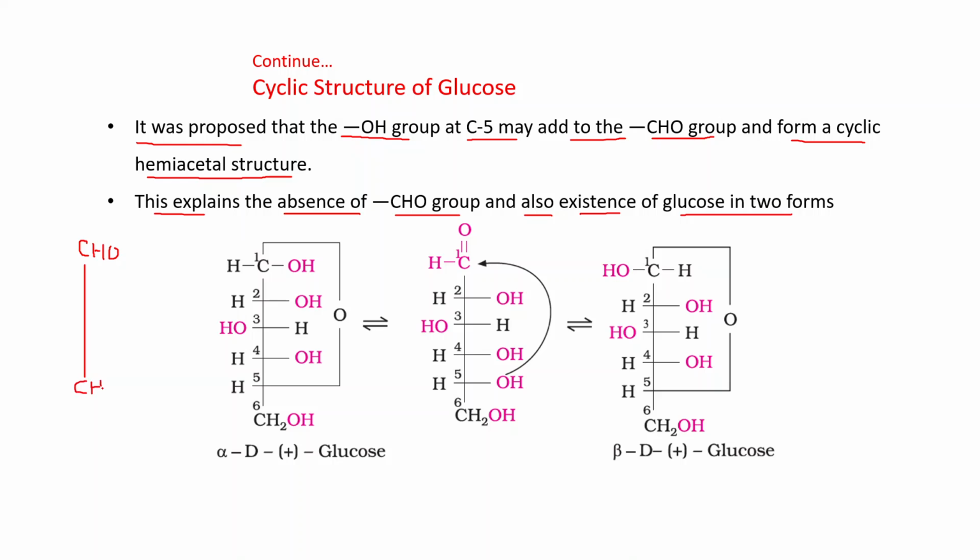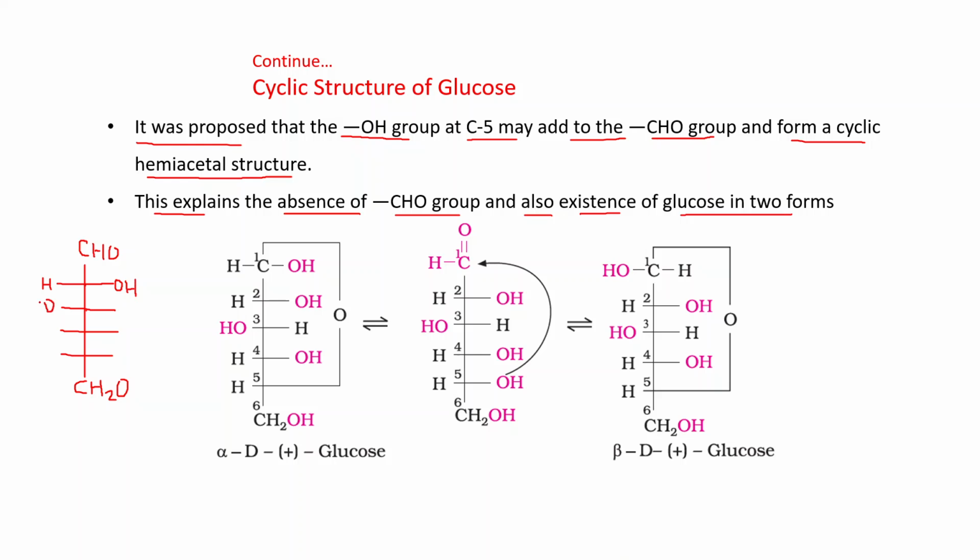This is the first carbon atom and the last carbon atom we indicated. Now, the four carbon atoms are represented like this. These intersections represent the carbon atoms, and on these carbon atoms, H and OH groups are bonded like this.